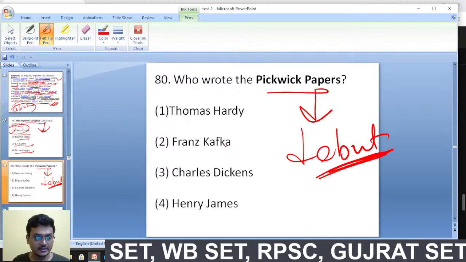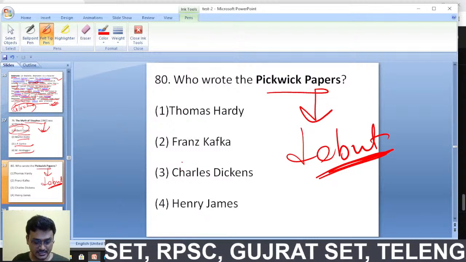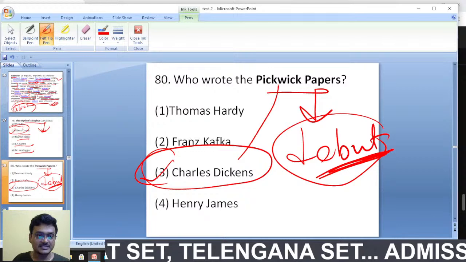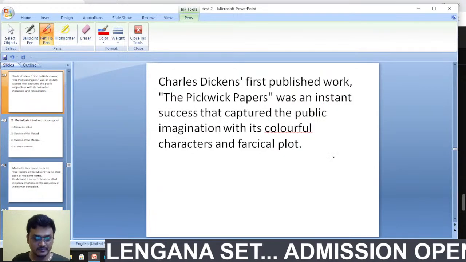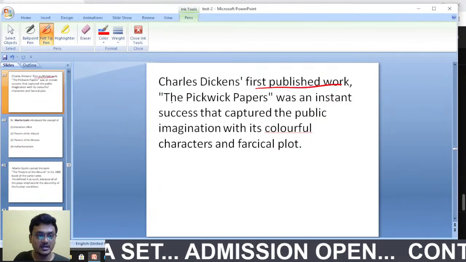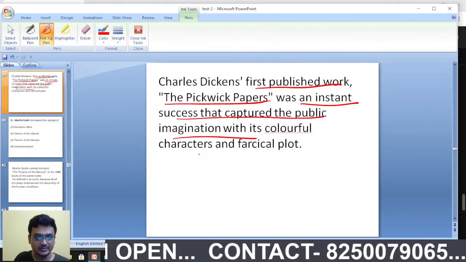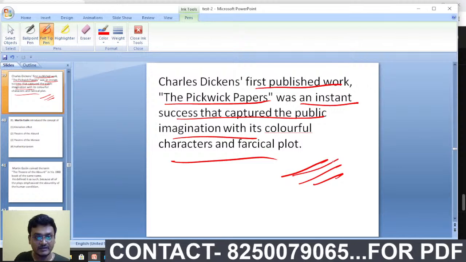Excellent, it's Charles Dickens. The debut work of Charles Dickens is Pickwick Papers. Charles Dickens' first published work, The Pickwick Papers, was an instant success that captured the public imagination with its colorful characters and fanciful plot.